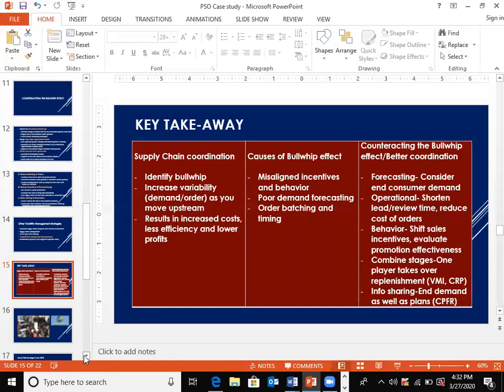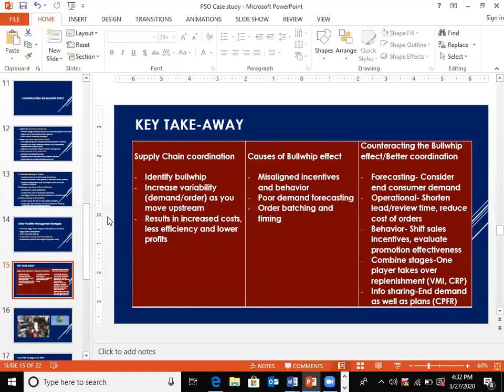And then, ways of counteracting the bullwhip effect. This is just a summary of all the points that I went through, and you can read this when you get some time. So this brings me to the end of the bullwhip effect lecture.